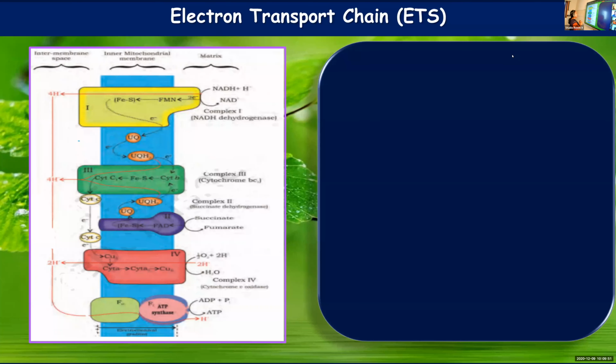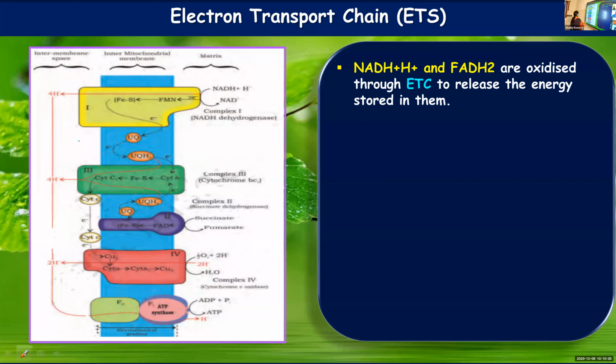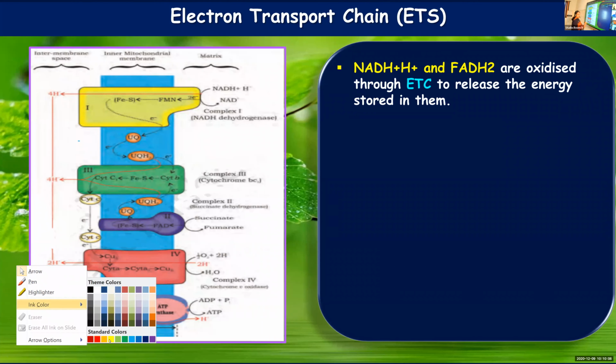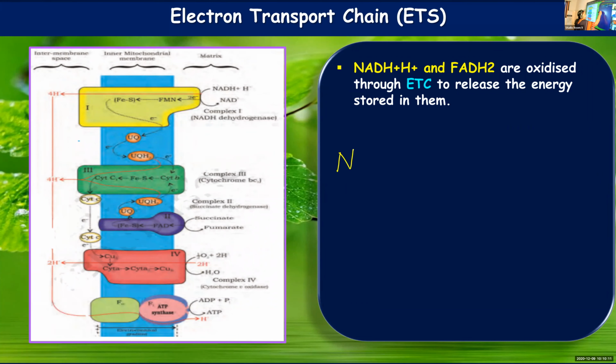Okay, so in simple terms, without going into the details, if you are just explaining, you can say that the electrons released from NADH and FADH2, which are synthesized as a result of Krebs cycle, will pass through these enzyme complexes, complex 1 to complex 4.